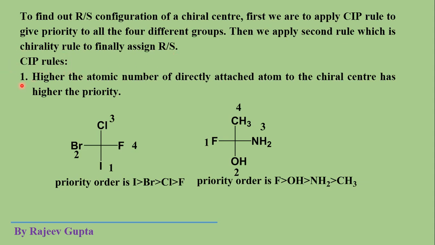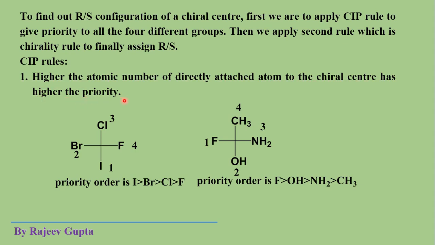The first rule is: the higher the atomic number of the directly attached atom to the chiral center, the higher the priority.